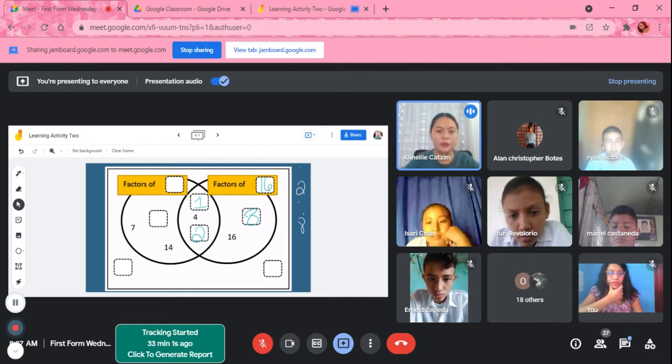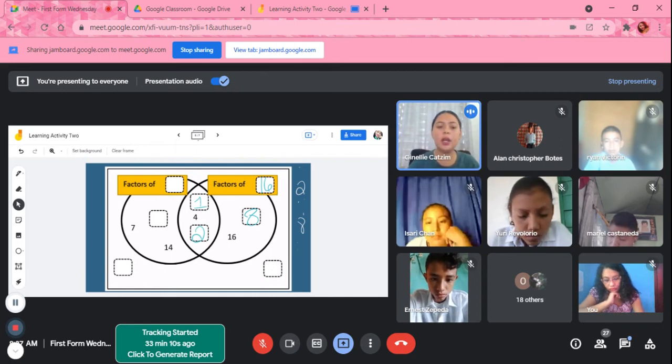Now we have to find the next one. We know that we have factors of 1, 2, 4, 7, and 14. We are missing one factor there and the number, right?